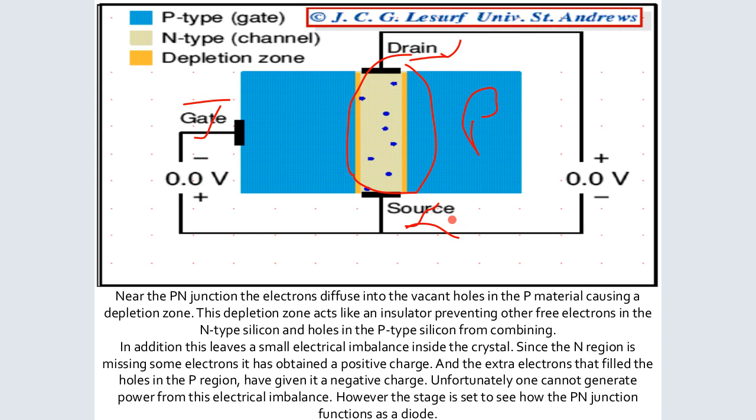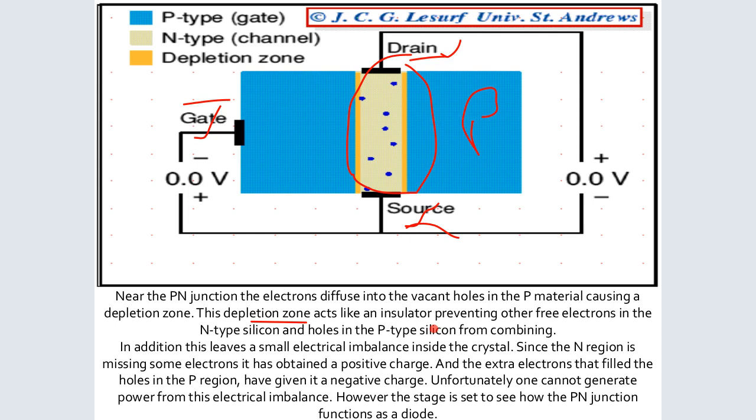So through that particular process, that zone will develop what we call the barrier potential or the junction voltage that will prevent any further flow of electrons to either side of the circuit.